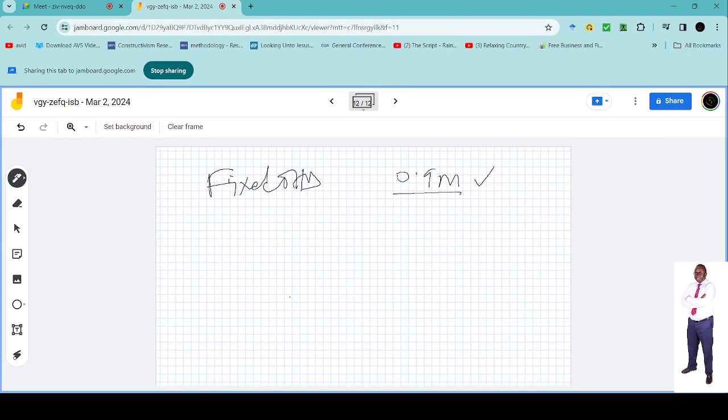So let me just add it here so that I get it right. 2.4 million plus 0.6 million plus 0.5 million plus 0.9 million. That's 4.4 million.